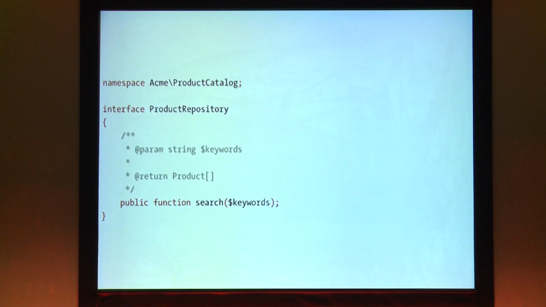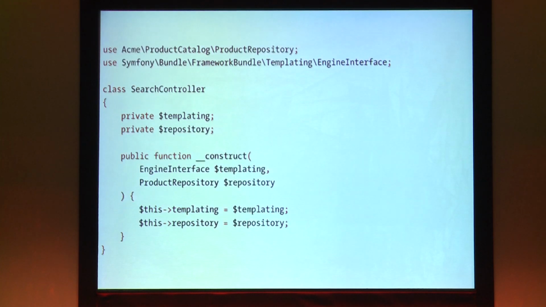What we can do is to, again, break the dependencies and introduce a product repository interface that's going to describe our repository. It doesn't belong to Doctrine, it belongs to us. It's in our model or domain layer. Then we depend on that repository instead of Doctrine.